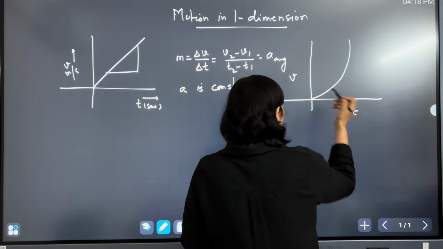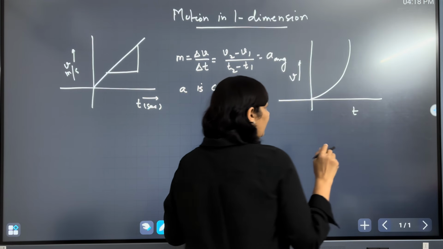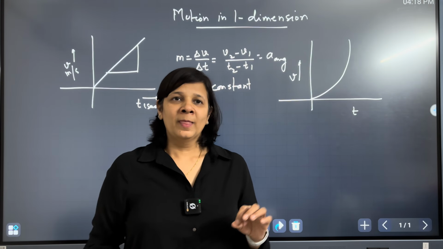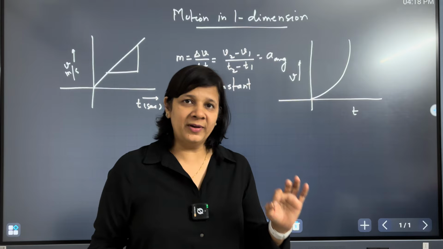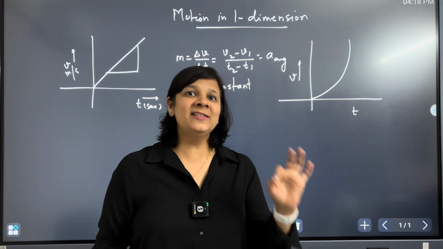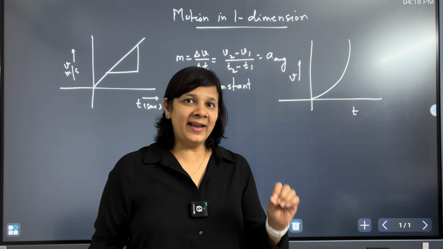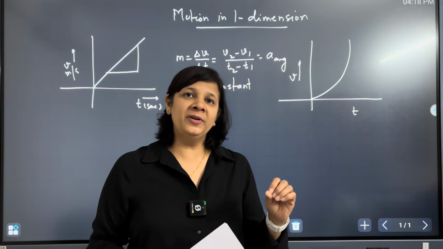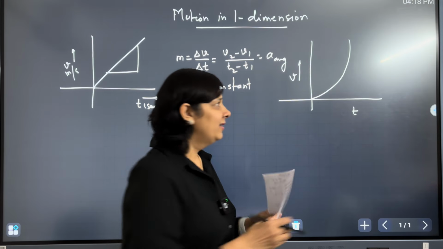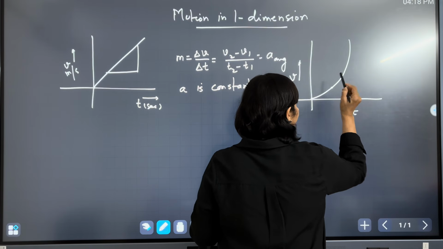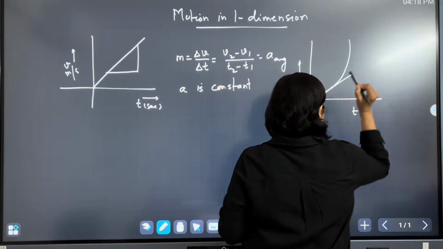Then how do we find the slope of such a graph? In order to find the slope of such a graph, we find the tangent to that curve, and that tangent will be different at different points, right? So for example, if I want to draw a tangent here, this is the tangent, okay?